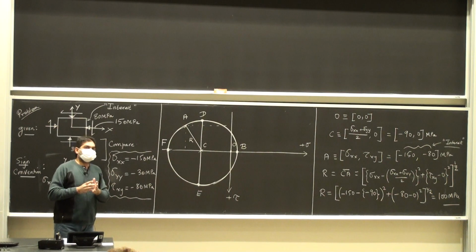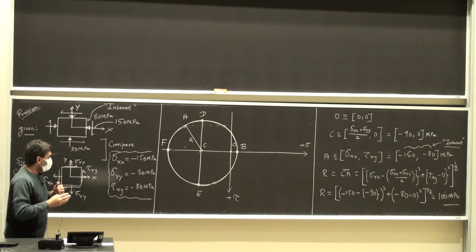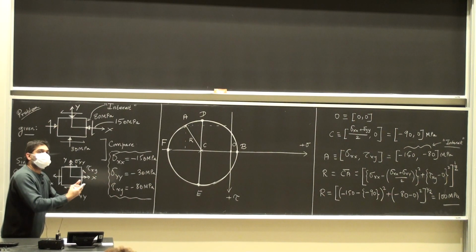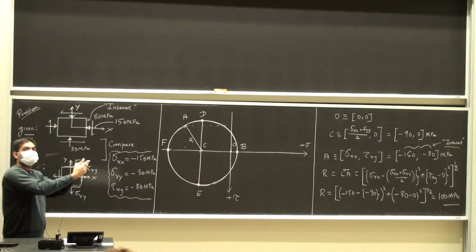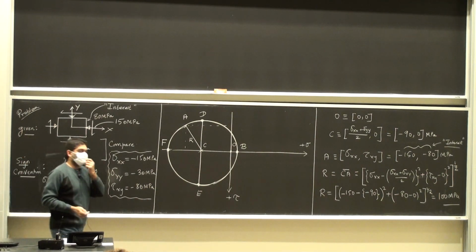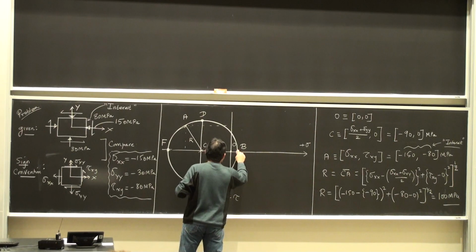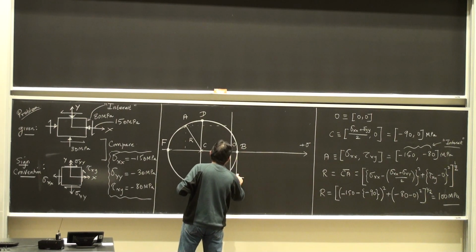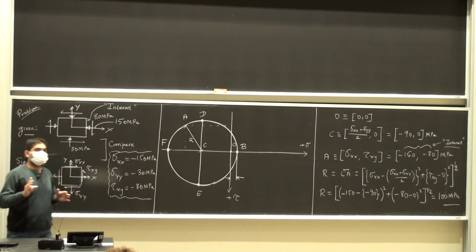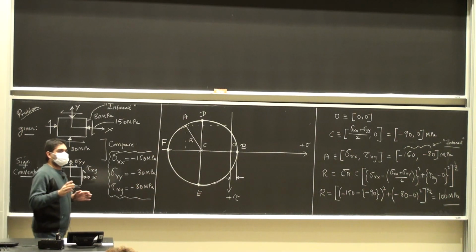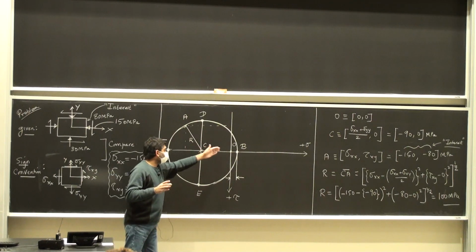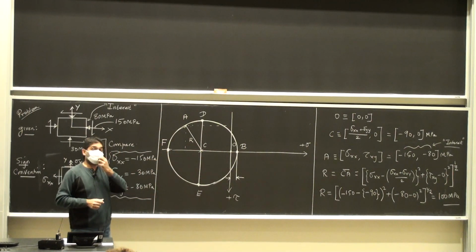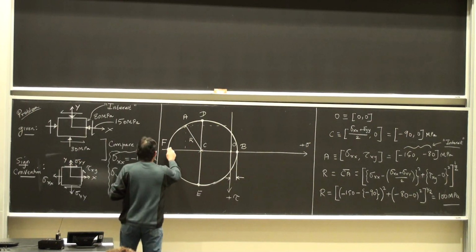Now watch this carefully. The distance from the origin to the point B is one stress value. Okay, the distance from here to there. This is one stress value. I'm not going to give it a name yet. The distance from point O all the way to this point F is another stress value, which is along the horizontal direction.